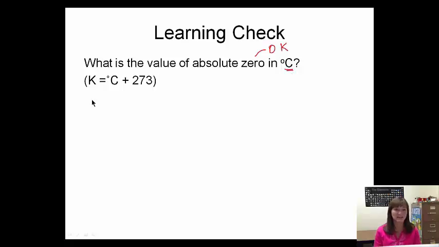So we're going to plug in 0 for the Kelvin. We're trying to solve for the degrees Celsius, and we have 273. So to get degrees Celsius by itself, we're going to subtract 273 from both sides, and that's going to leave us with negative 273 as the degrees Celsius when you're at 0 Kelvin.